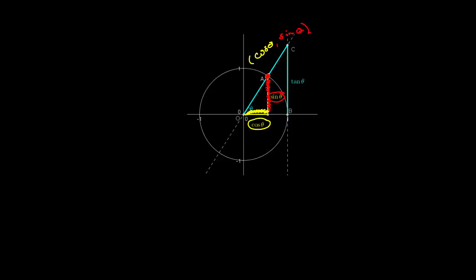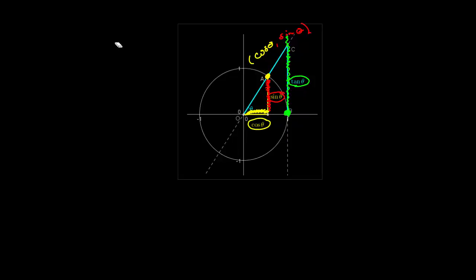So what's tangent? Well, if we draw a line over here, so see this line? If we draw a line that is tangent at this point B, okay, hence the name tangent. So here's tangent. Now I'm going to drop the bottom part of that line out there.